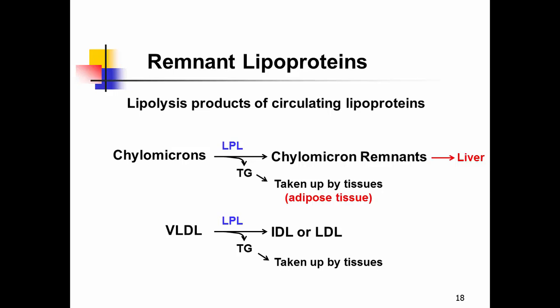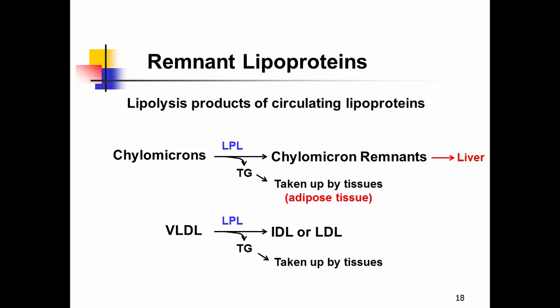So, remnant lipoproteins. Because the purpose of a lipoprotein, again, is to transport lipids, specifically, for example, triglyceride from one tissue to another tissue. The chylomicron is synthesized in the small intestine, and the purpose of chylomicron is to transport triglyceride synthesized in the small intestine.